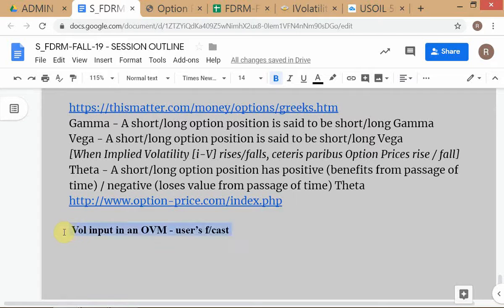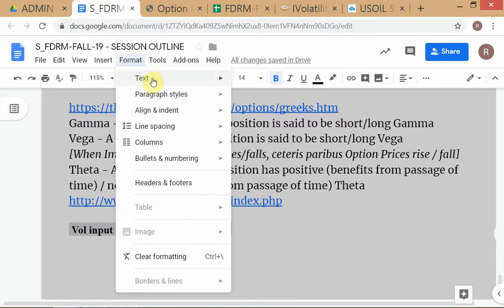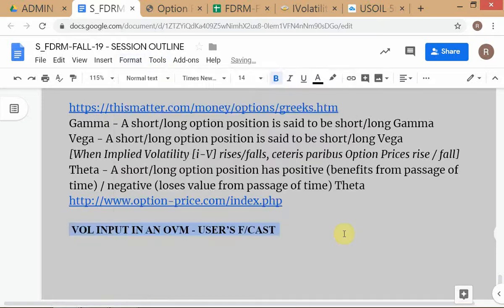This is very small actually, I should make this bigger. If I write underlying, is that okay for underlying?